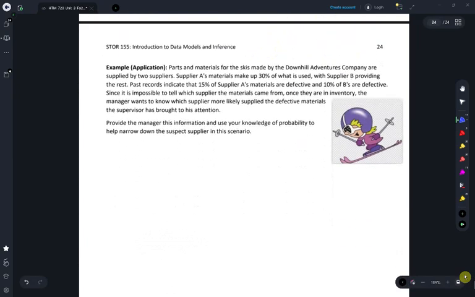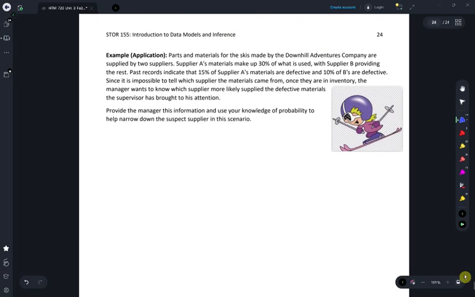Then we proceed to a final application problem where parts and materials for skis made by Downhill Adventures Company are supplied by two suppliers. Supplier A's materials make up 30% of what is used, with supplier B providing the rest. Past records indicate that 15% of supplier A's materials are defective and 10% of B's are defective.